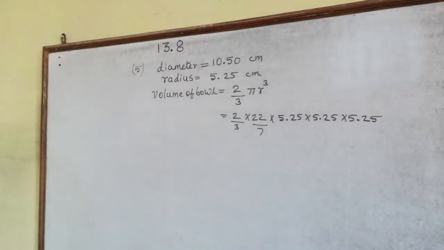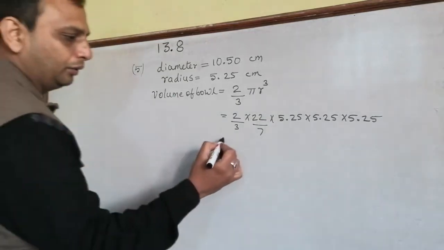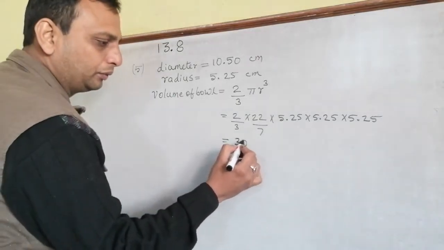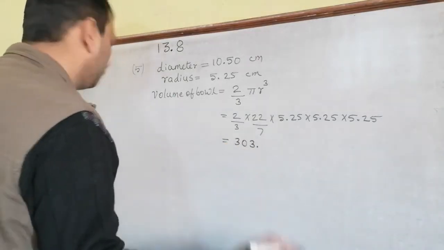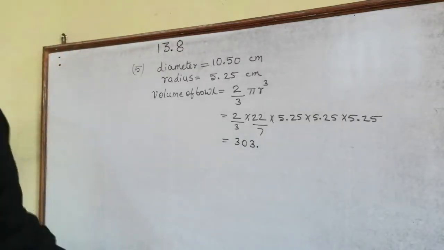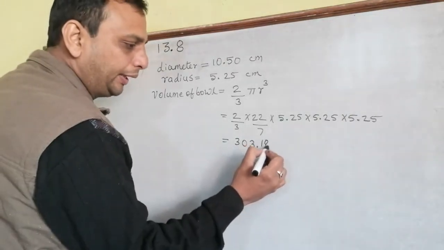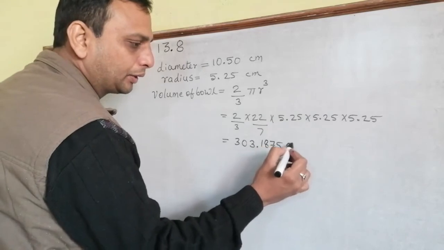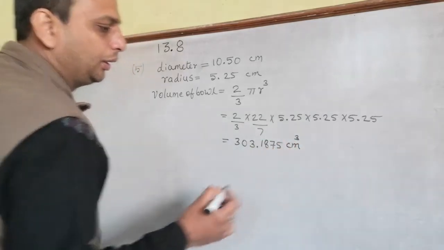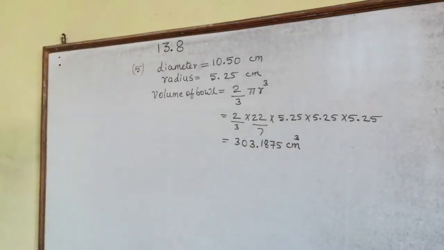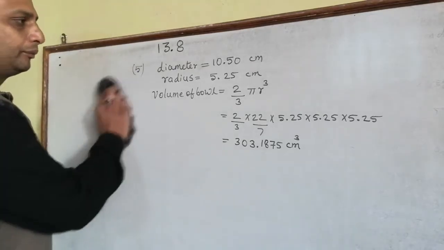So these 3 values we have. 1875 centimeter cube is the answer for the volume of the hemispherical ball. And you can find it in liters also by dividing by 1000. So this completes question number 5.